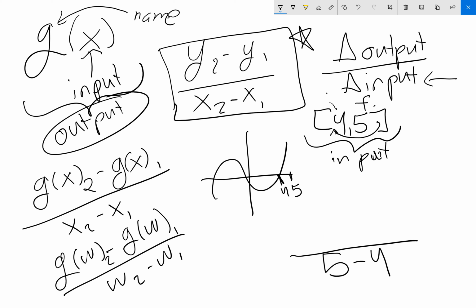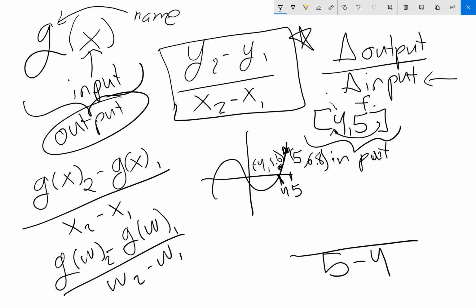I obviously drew this kind of wrong, excuse me. But the point at 4 is 4, 1.6. And then our point at 5 is 5, 6.8. So what do you think is going to go on the top?